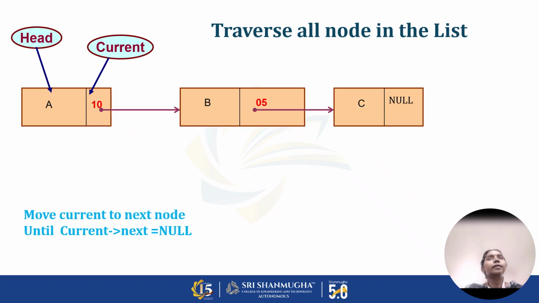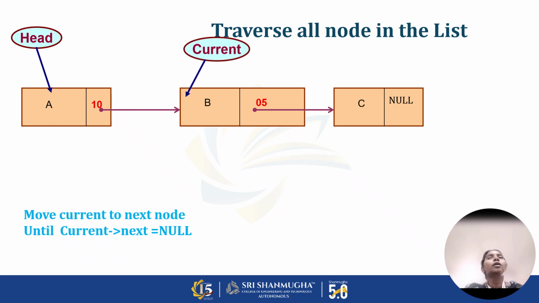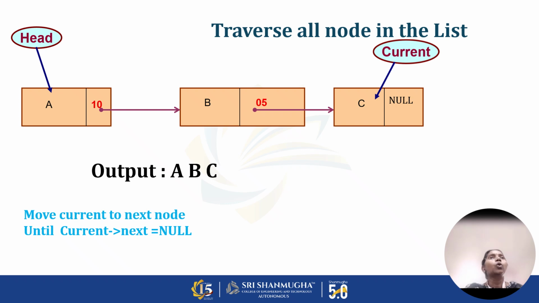A is the head and A is the current node. And next B is the current node. C is the current node. So the output is A, B, C. That means this traverses all nodes, the entire A, B, C. All nodes can traverse all the elements.